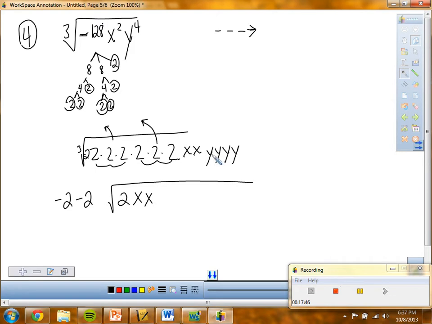I have 1, 2, 3, 4. So I can take 3 of these out, which leaves me with 1. And, oh, this is negative. Right? So even if these are all negative, these negatives come out, these negatives come out. A negative times a negative is a positive 4.